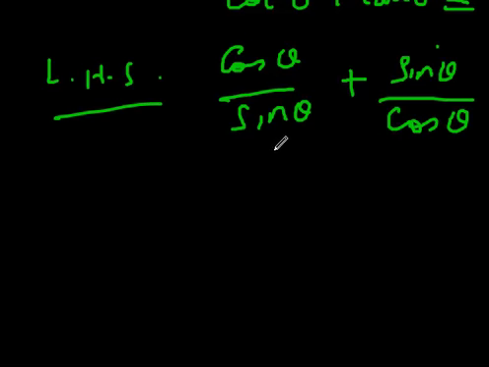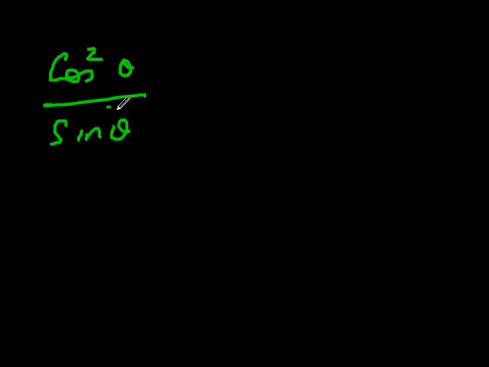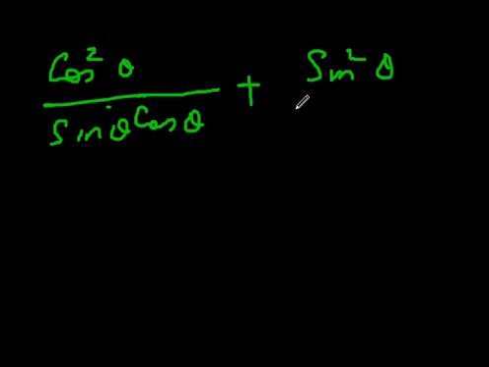Denominators are different, so to make a common denominator, I should multiply the first fraction by cos of theta and the second fraction by sine of theta. When I multiply the first fraction by cos of theta, I get cos squared theta over sine theta cos theta. And when I times the second fraction by sine of theta, I get sine squared theta over sine theta cos theta.